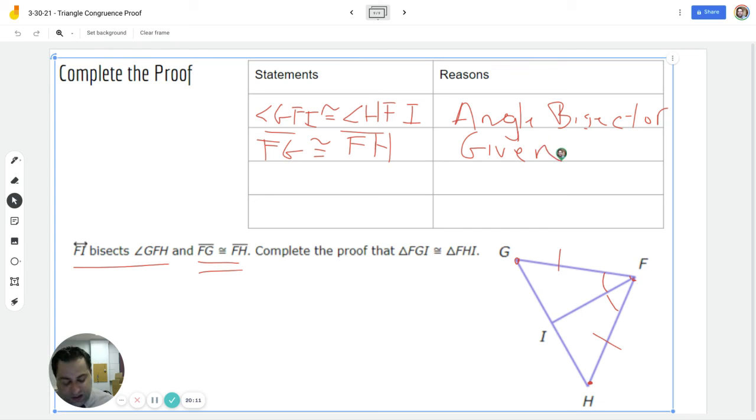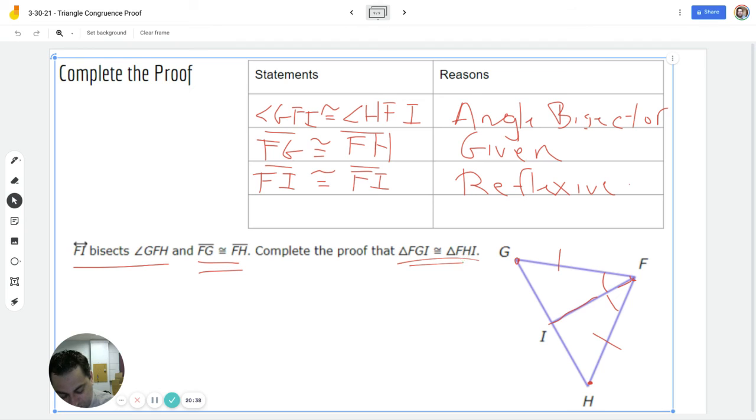And then lastly, we have actually a reflexive side here. FI is congruent to FI by the reflexive property. And then we have our proof statement right here.